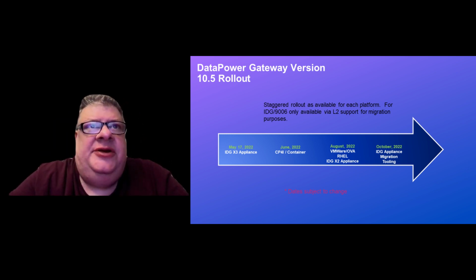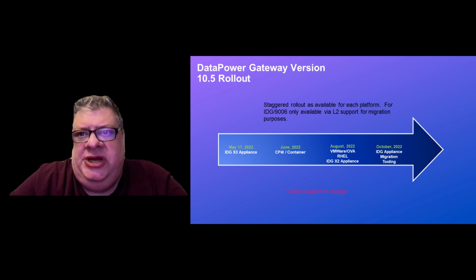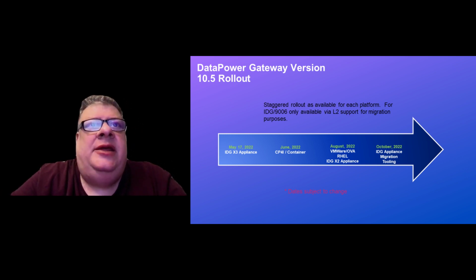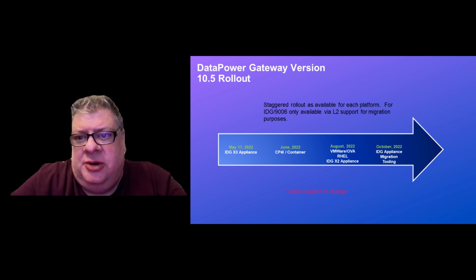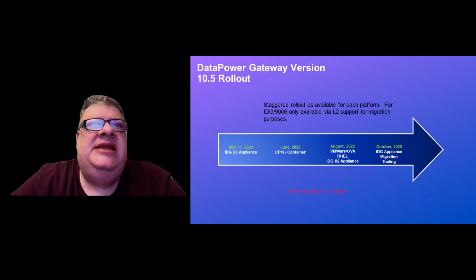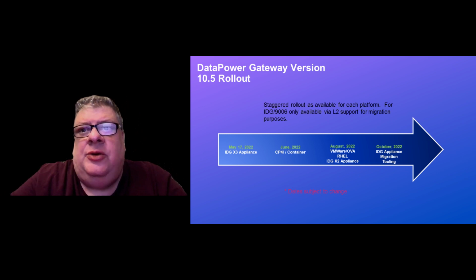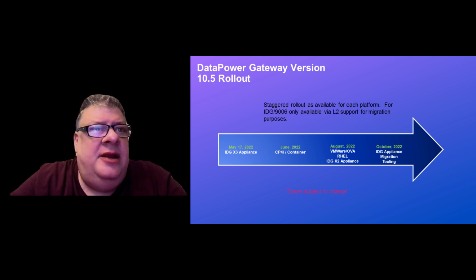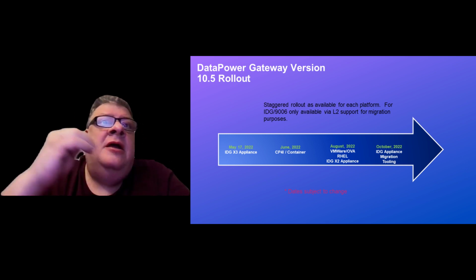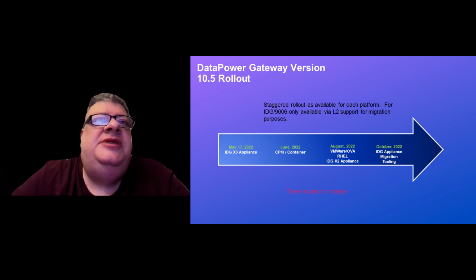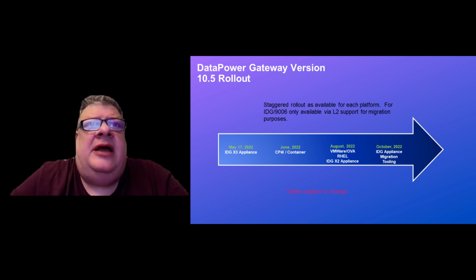However, I want to be very clear here, it'll be a migration-only firmware capability. So 10.5 will not run transactions or normal capabilities in the IDG appliance, but can be used to take, let's say, a secure backup that can then be restored to an X3 appliance.